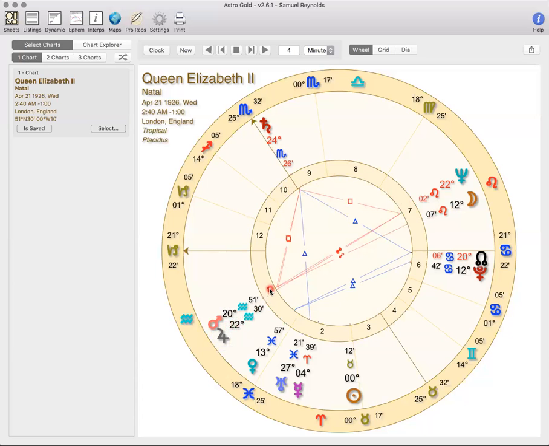The simpler way to say this is that these 3 are what we call fixed signs. Leo has a square, or 90-degree relationship, to Scorpio, as does Aquarius. But Aquarius has a 180-degree relationship, the opposition, to Leo. So that's why we have the opposition, and why we have the square.